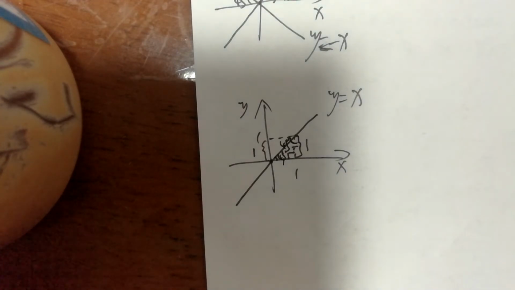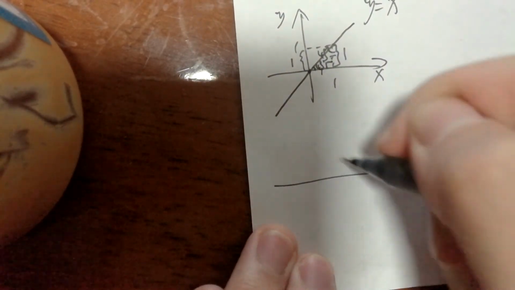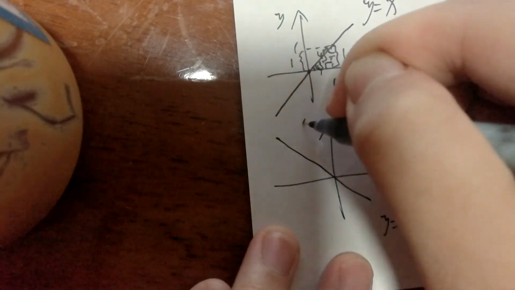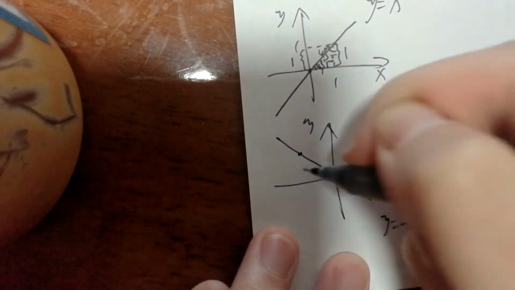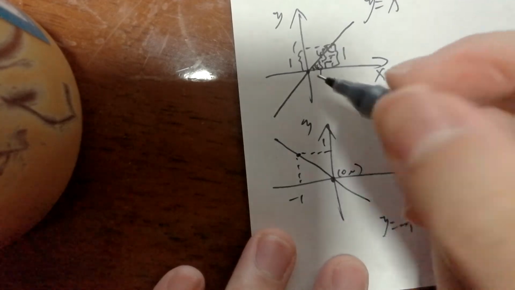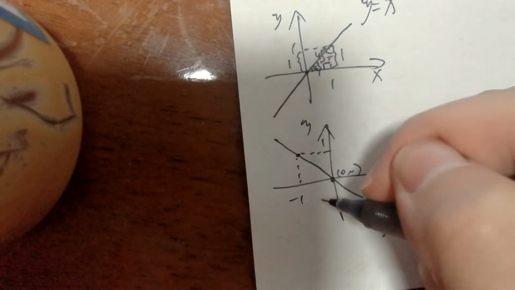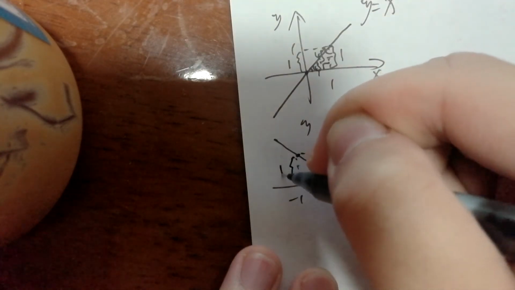Okay, it's simple math, primary school math, probably year 7, year 8, whatever. And the other one is the same, y = -x. Again, it passes through (0, 0) as always, and (-1, 1). Though it's -1, the length is the absolute value of it. So the length of this will still be 1, and the length of this will still be 1 as well.